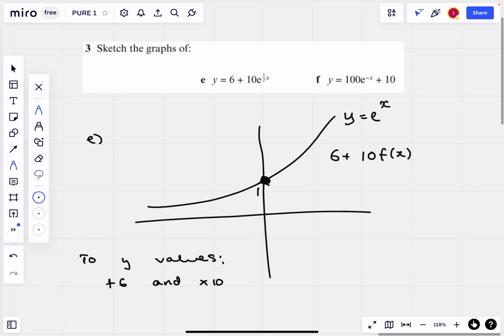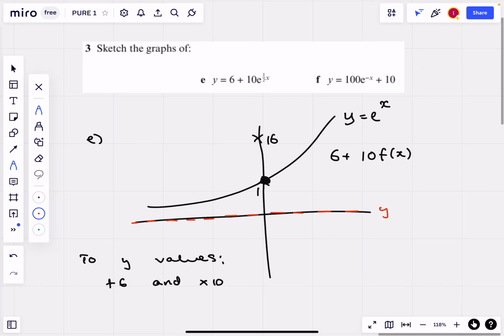So that 1 moves up to 16. I've also technically got an asymptote here. That asymptote will also move.